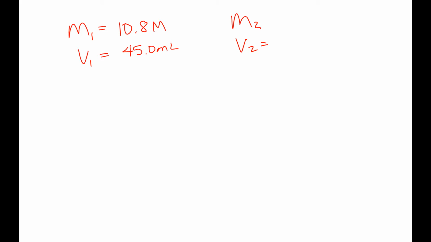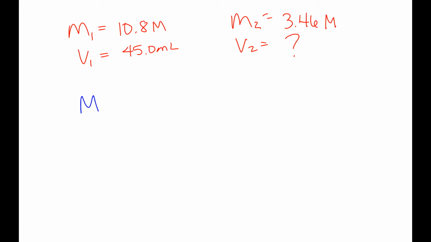So M1 is 10.8 molar. V1 was the 45.0 milliliters. Now it's asking how much water is added. That means we're going to be calculating the V2, but the V2 is the final solution amount. And then we're going to have to subtract what we initially had, because we want to know how much water to add to get to V2. So our M2 is 3.46 molar.